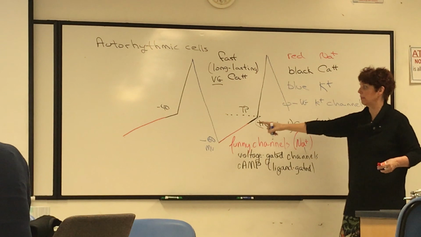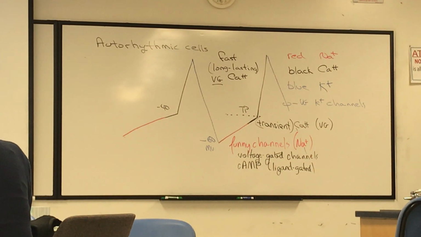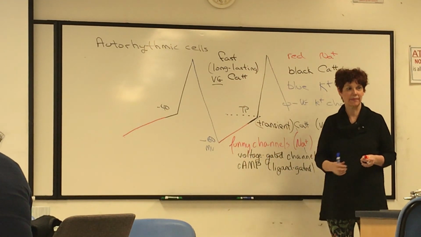And when that gets back to minus 60, we start all over again, filling the cell up with positive ions. Now obviously in there is a recovery, because we have to get the calcium ions back out and the potassium ions back in. But that's covered up by the depolarization going on. We don't see a hyperpolarization in that occurrence. So no resting membrane potential, okay?